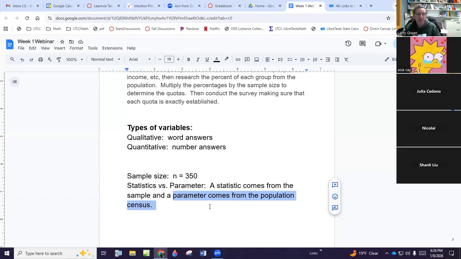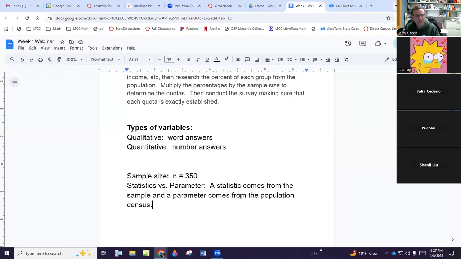The parameter would be the average age of all college students in the entire population. And that could be the United States if you're thinking about that. The parameter typically you can't get. You typically use the statistic to make a best guess for the parameter. Any questions on that? Have I lost anyone? A lot of language.